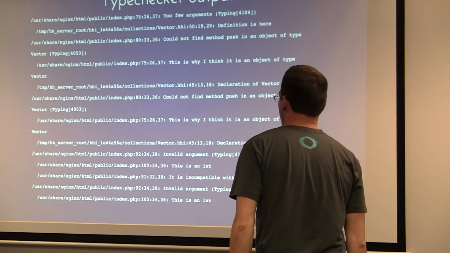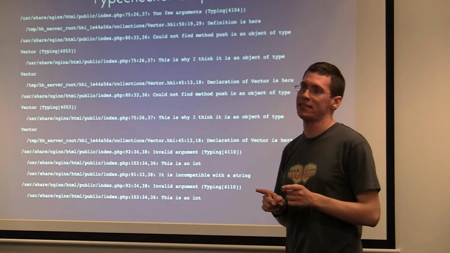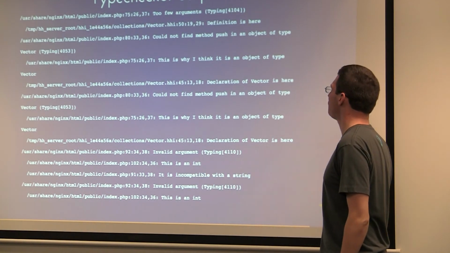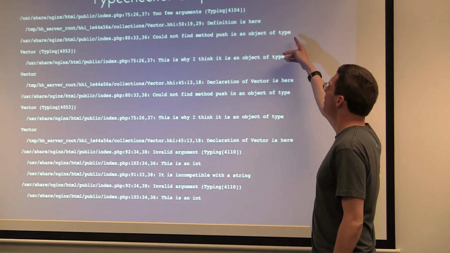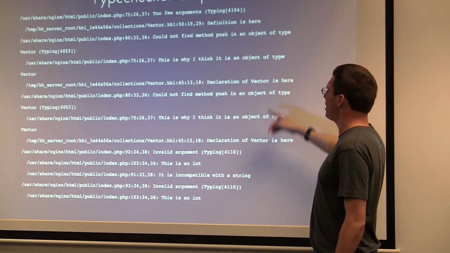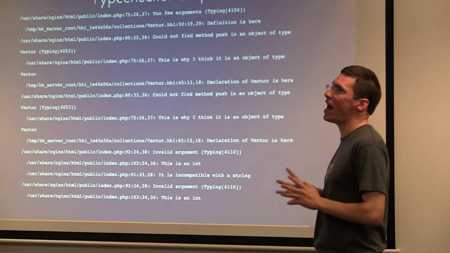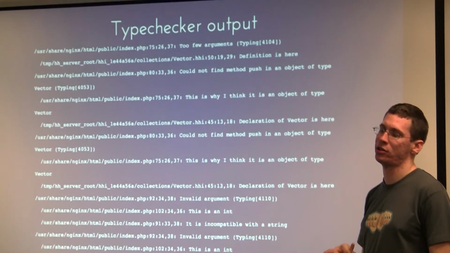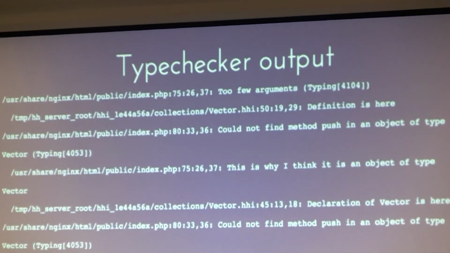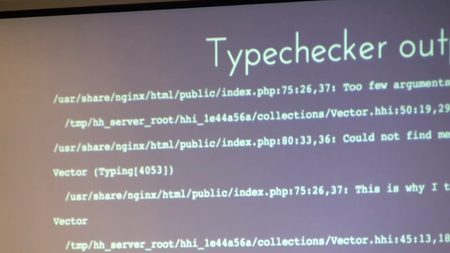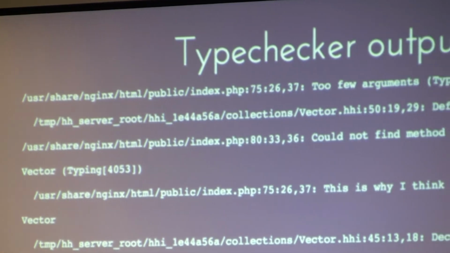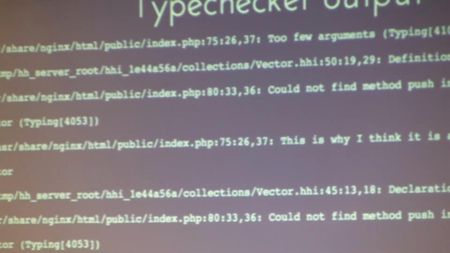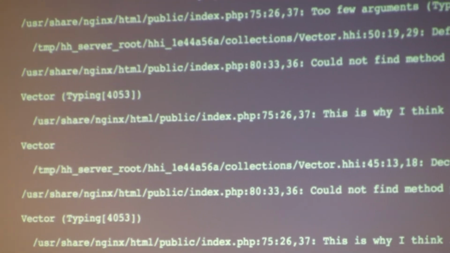So this is why I gave you a link to the slides, because I don't expect you to read every single line of this. The idea here is the syntax of the type checker's output is relatively human readable. It'll tell you the file, the line, the character on the line, and what it thinks is wrong with your code. So it'll say, well, I saw a vector declared up here, and you're using it as an integer.